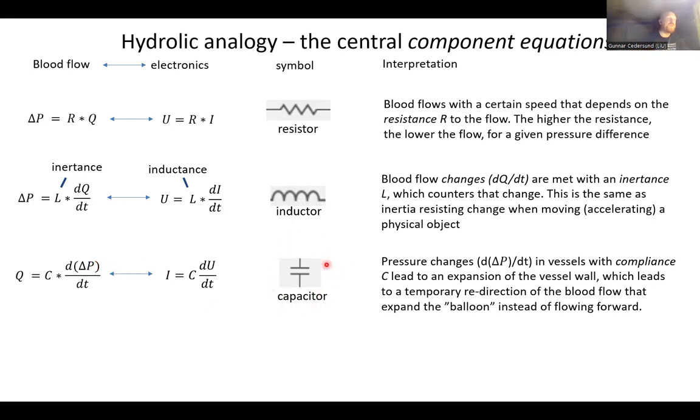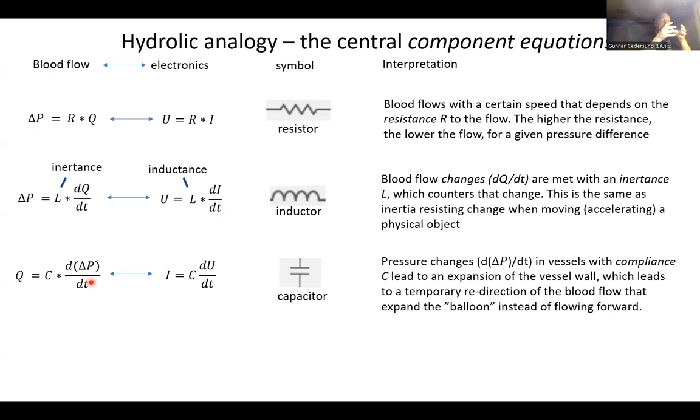If you have an electric circuit, this will build up more charge here or less charge, depending on the direction of the change. And in the same way, if you have a blood flow that wants to increase, because the pressure difference has changed, then if there is a compliance of the walls, if they can adjust, if they have some flexibility, then the ballooning can happen.